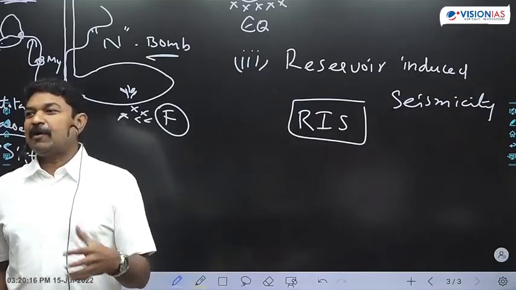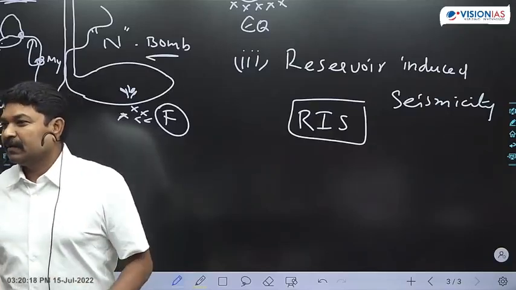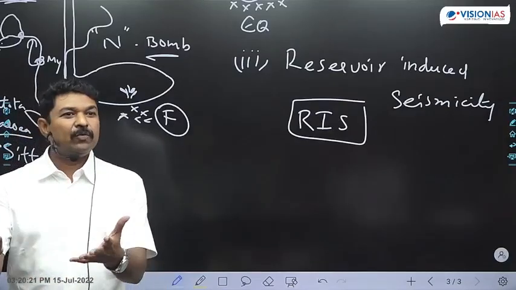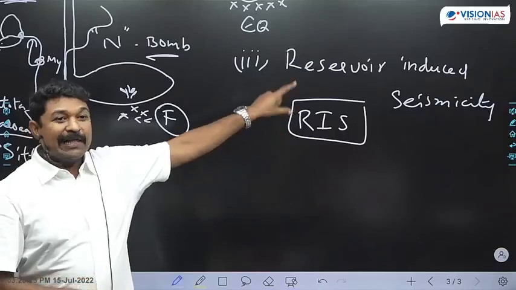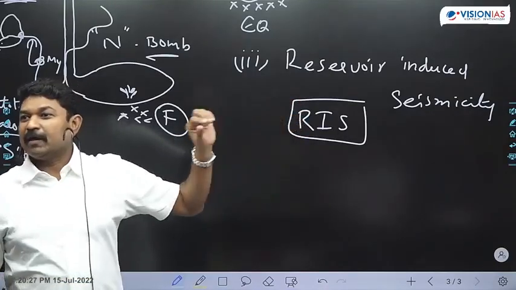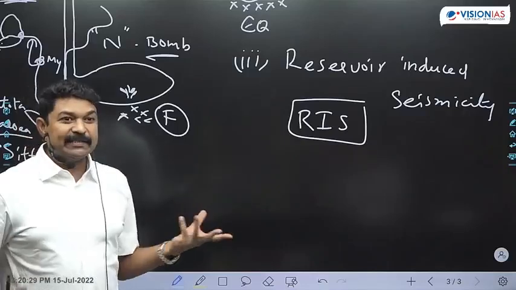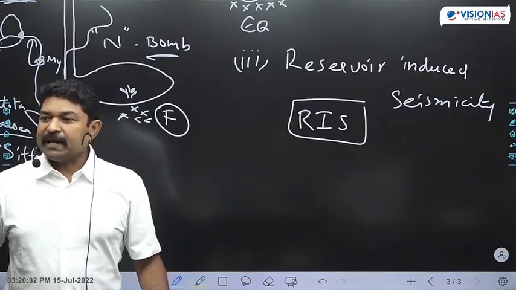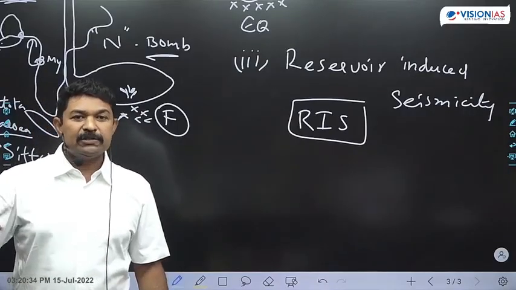Explain the impacts of RIS in India. If you don't know what RIS is, you might know all the impacts of seismicity and the earthquakes, but you will not be able to write the answer. We feel like RIS is something new. What is RIS? Nothing but reservoir induced seismicity.